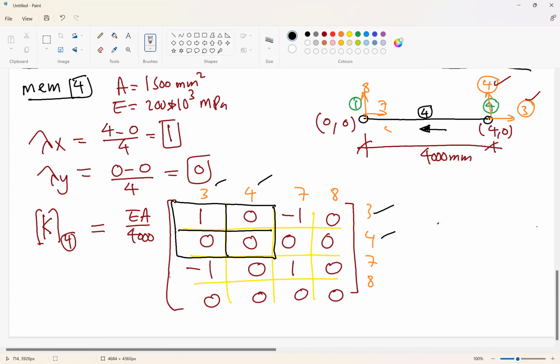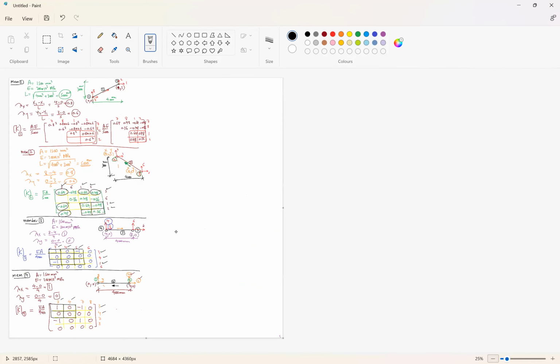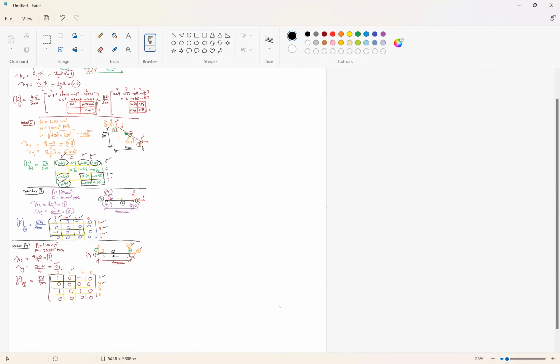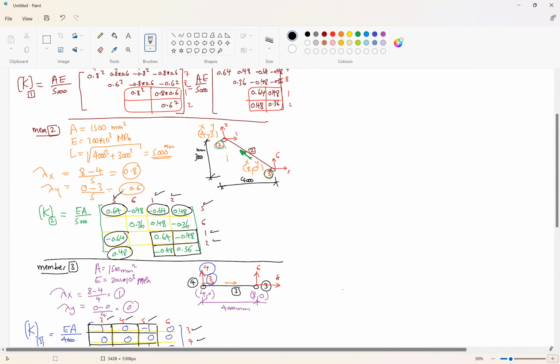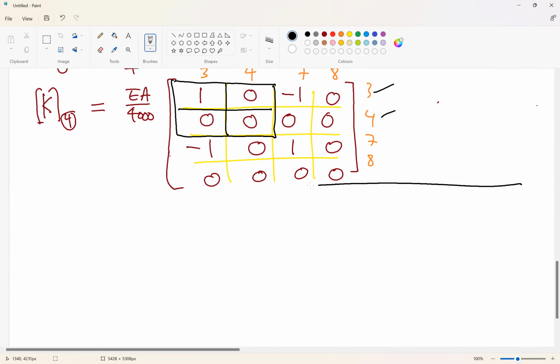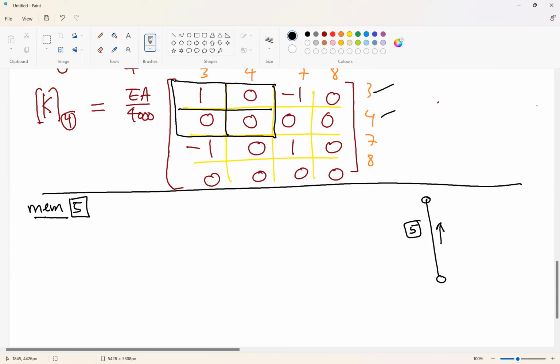Now the last member is member 5. Member 5 is a vertical member. If you have a look at member 5, this is the direction of member 5.